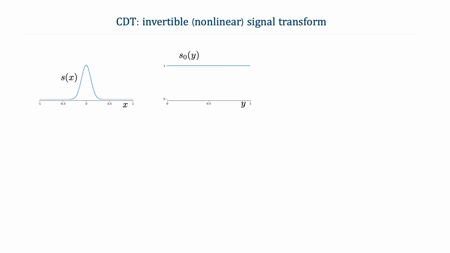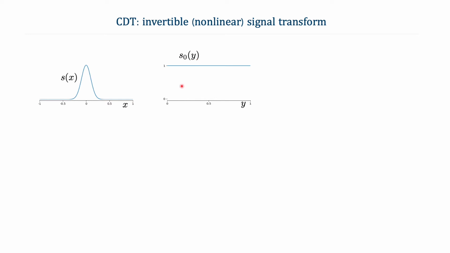So let's define the CDT a little bit more carefully. Again, the CDT is a new invertible and nonlinear signal transform. For us to define the signal transform of signal S of x here, in this case we're plotting a nice smooth Gaussian function, we define it with respect to some chosen reference function or reference signal, which we call S naught of y.